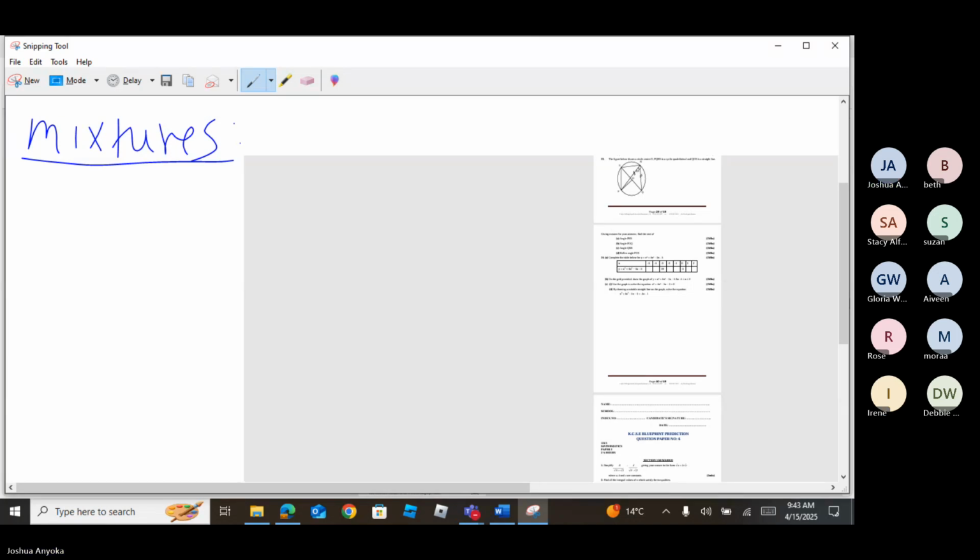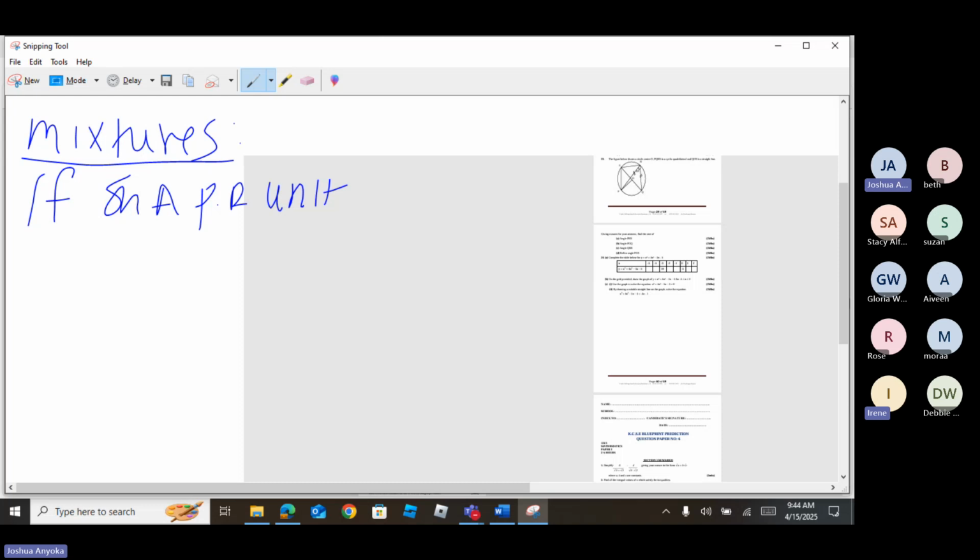Mixtures, we said there are some formulas that we adopt. We said if we have two quantities which are mixed, quantity A, which goes at A shillings per unit.